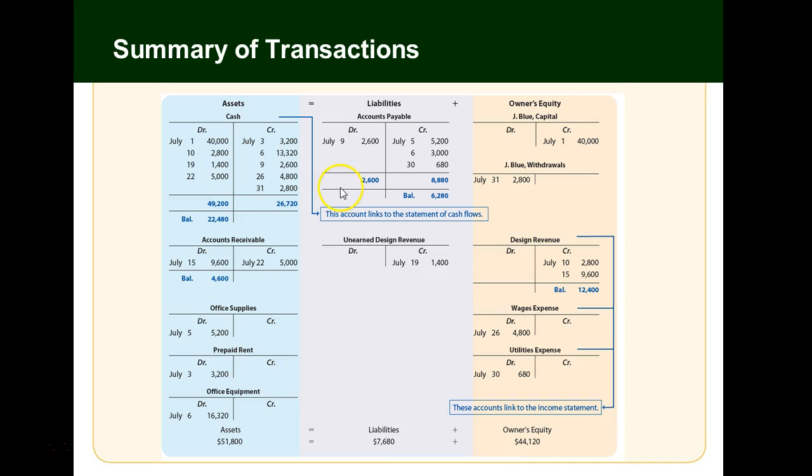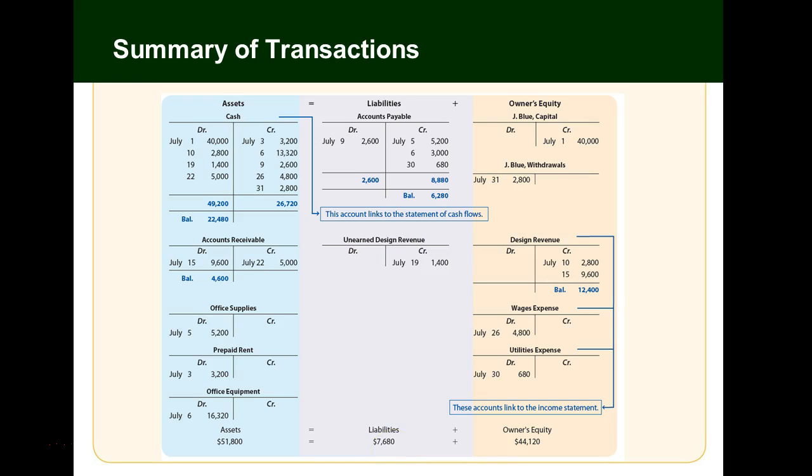Then we go to our accounts payable and we total our debits, we total our credits, and we end up with a credit balance of $62.80. We also have another liability account called unearned design revenue of $1,400. If we take our two liability accounts, we end up with a credit balance down here of $76.80.